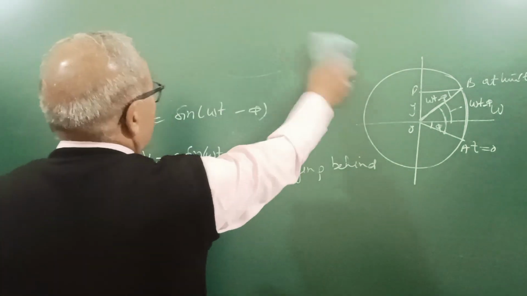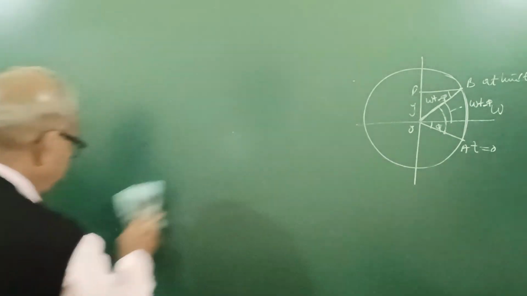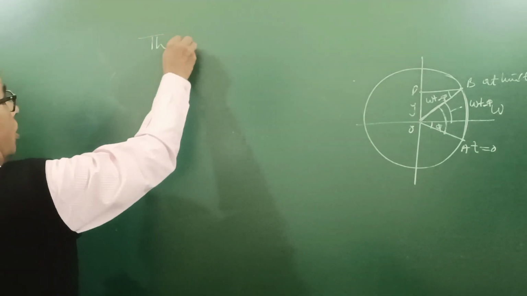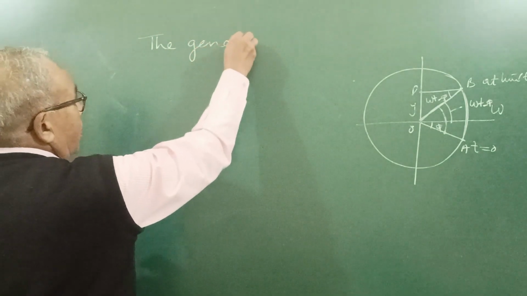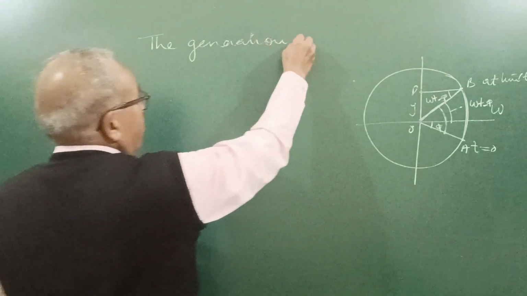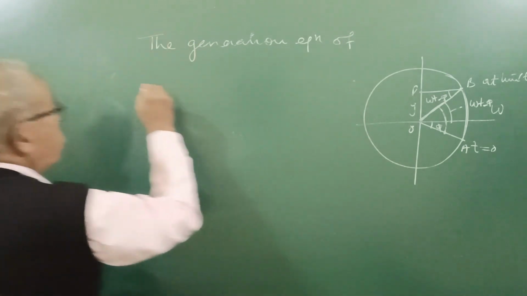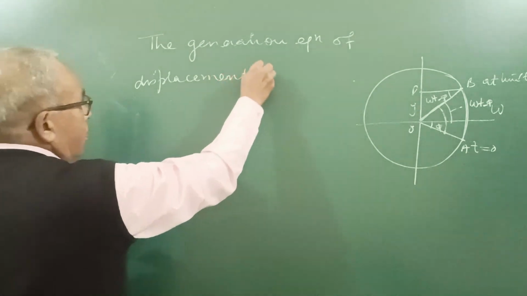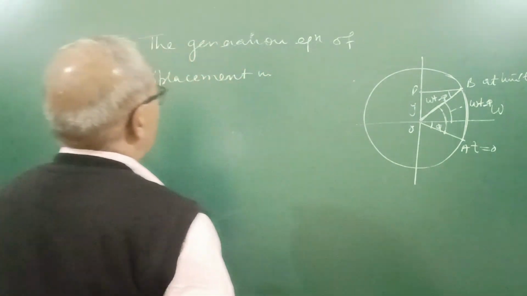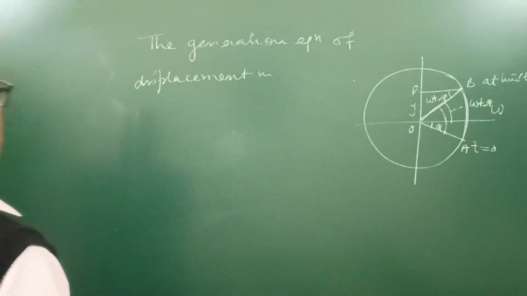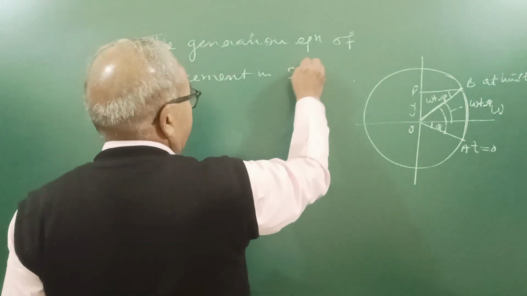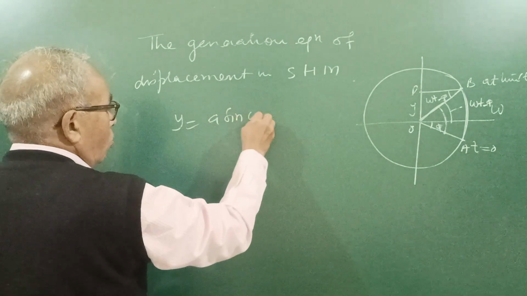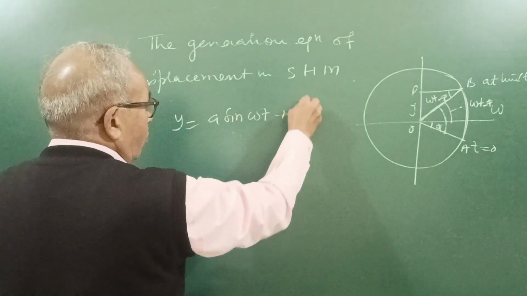So when we start a simple harmonic motion, the general equation of displacement in SHM is written as y equal to a sine omega t plus phi or minus phi.